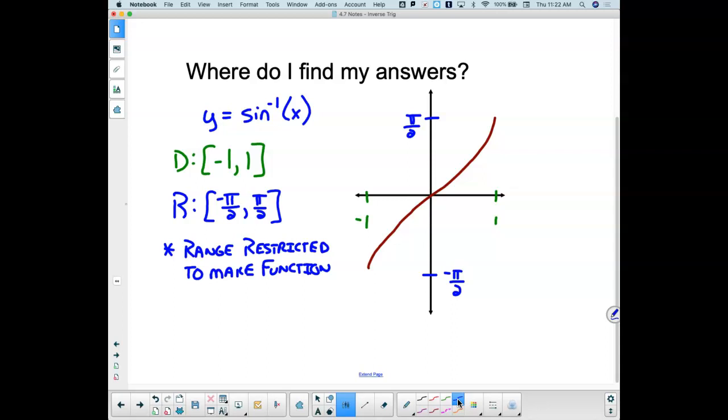Now, if we switch back to normal sine, where on the unit circle are angles of negative pi over 2 to positive pi over 2?